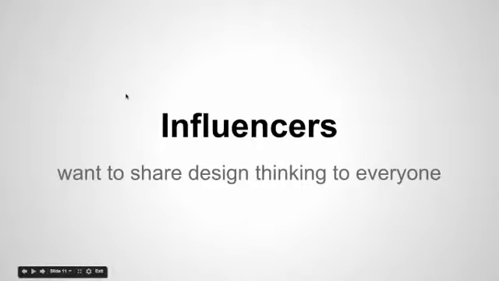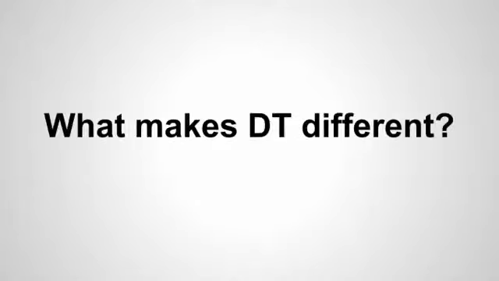So these three, Tim Brown and David Kelly and Stanford, are huge influencers in design thinking, and they want to share design thinking with everyone in the world. They want to really have people understand what design thinking is and how it can solve a lot of problems. So this is important to us because we are using a lot of the D-School materials, in fact most of it, in this course.